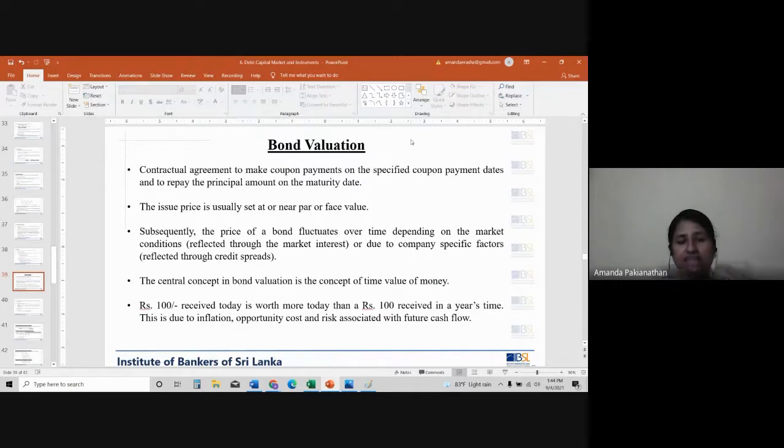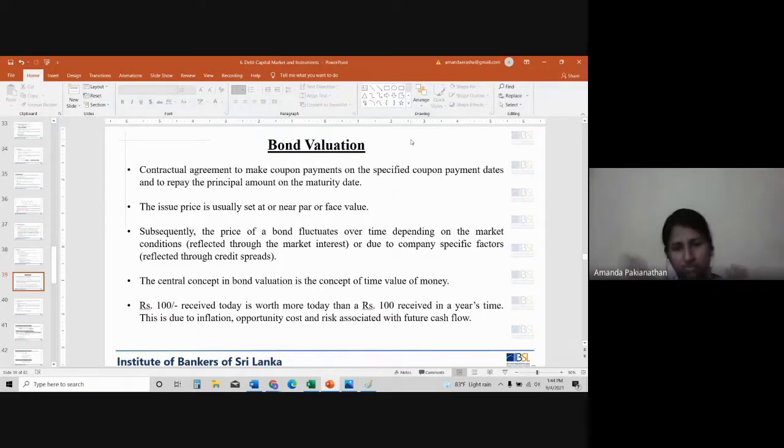It is an agreement between the issuing company and the investor where they borrow a certain amount of money and they agree to pay coupon payments, or the interest payment, on specific coupon dates and to repay the principal amount on maturity.